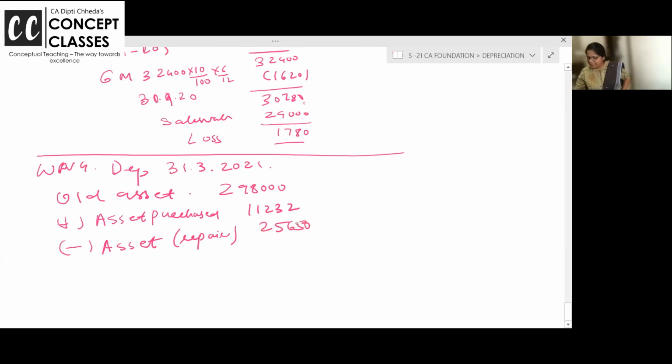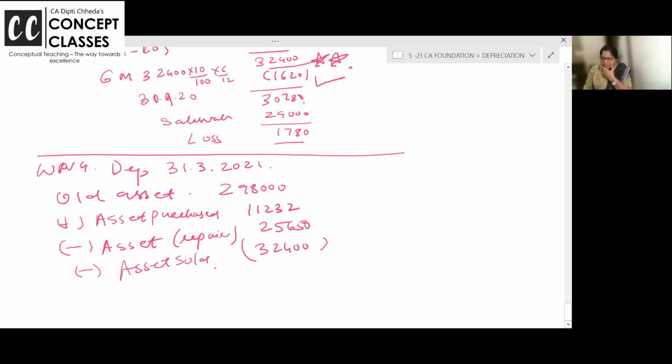25,650. Yes. And this is the purchase and sale on the same date. And one asset is sold also. You have sold this asset, no? So which value will you take? 32,400. Take 32,400 out of the opening. Then 6 months depreciation you have already charged, no? So which value will you take?